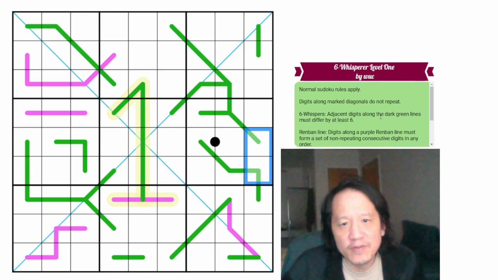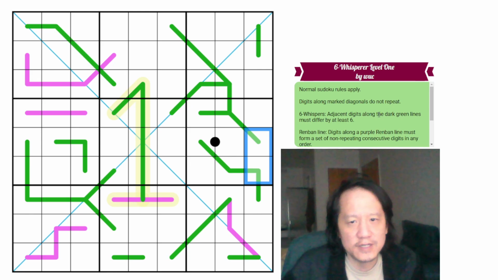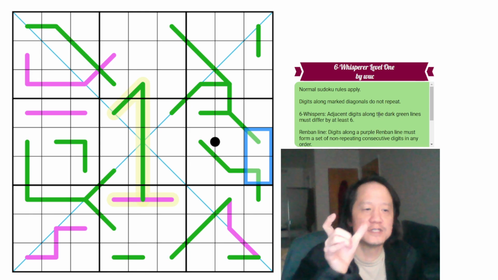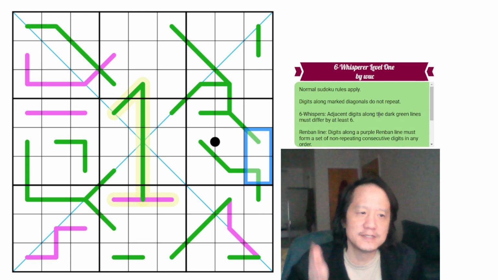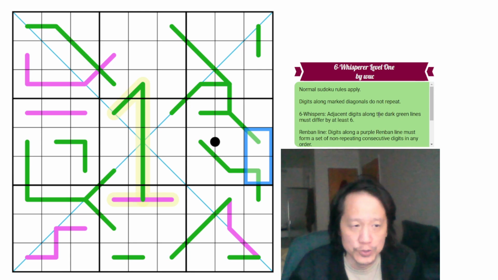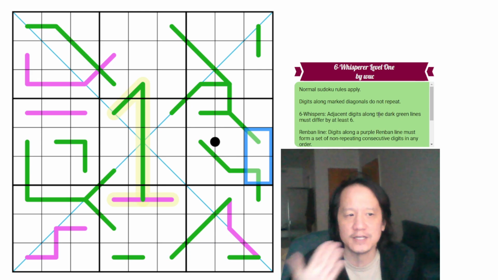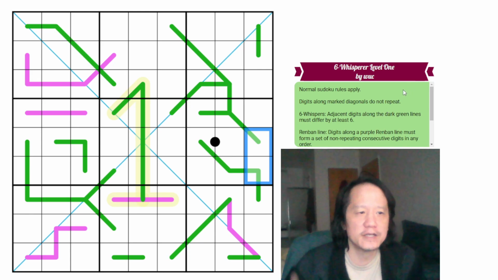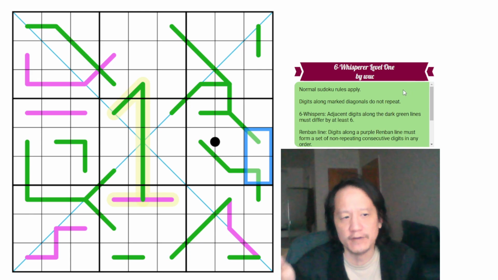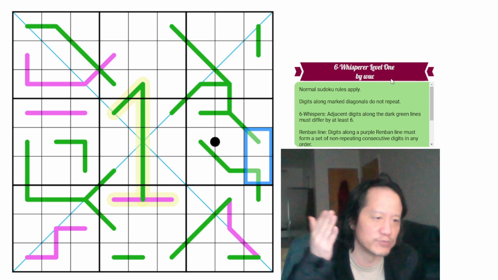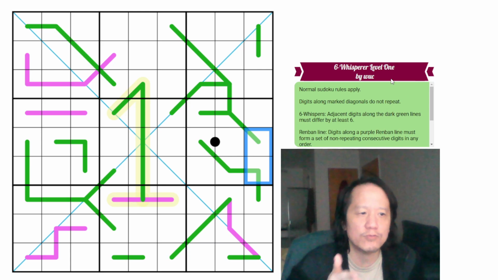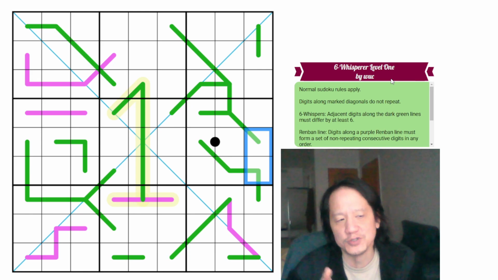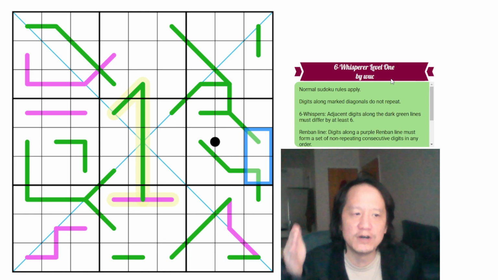The same for the 6 whispers is extended to 4 and 6, because 4 is 6 away from -2 and below, which are obviously not normal Sudoku digits, and 10 or above, which are not digits. And the same thing is with 6. 6 goes down to 0 and below, which is not a normal Sudoku digit, and 12 and above, which are not digits.